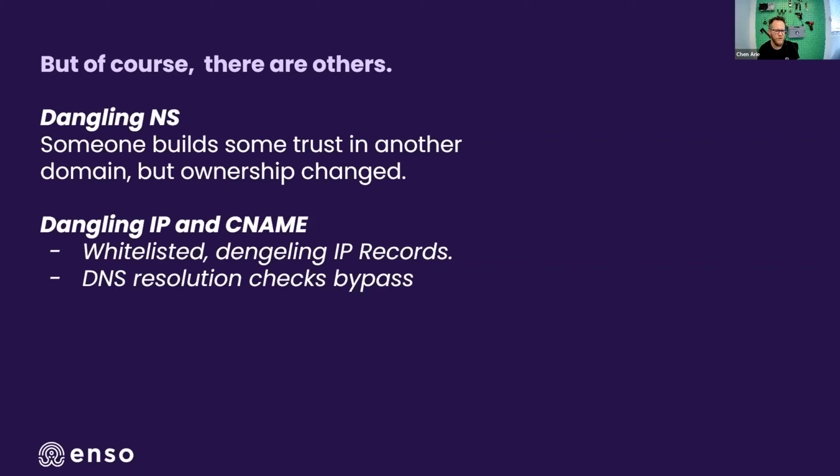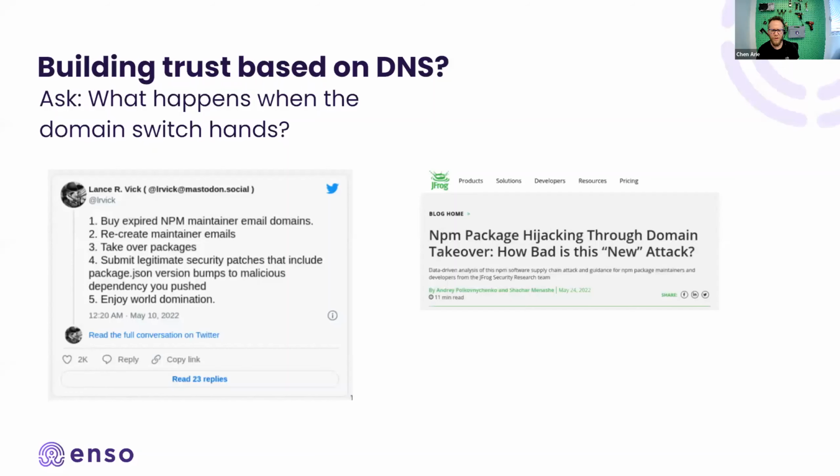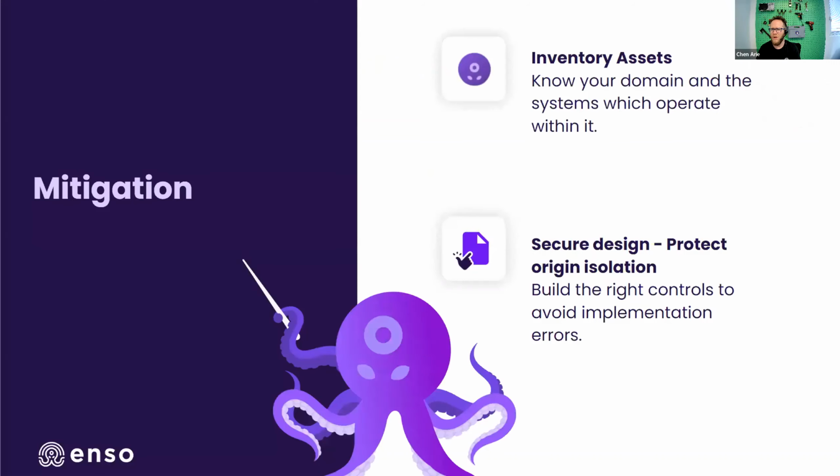People made some trust on it, but then I didn't renew it and someone else can take it. And I think that maybe the good folks from JFrog Security will mention it because they just recently published an article about how this was reflected in package management related problems. So someone used these kinds of flows also to take over some packages.